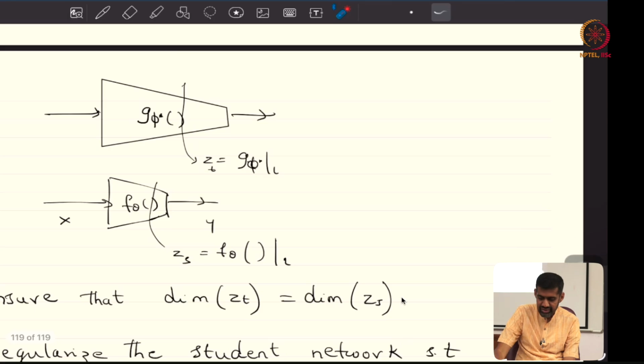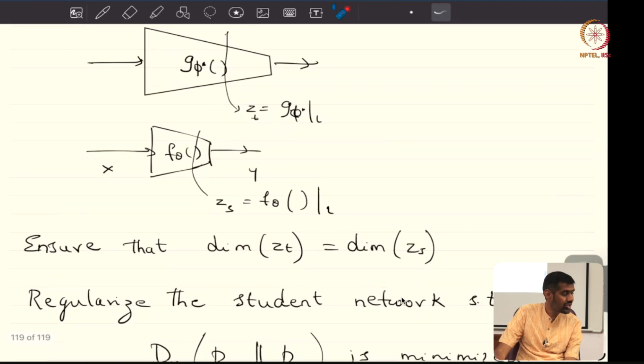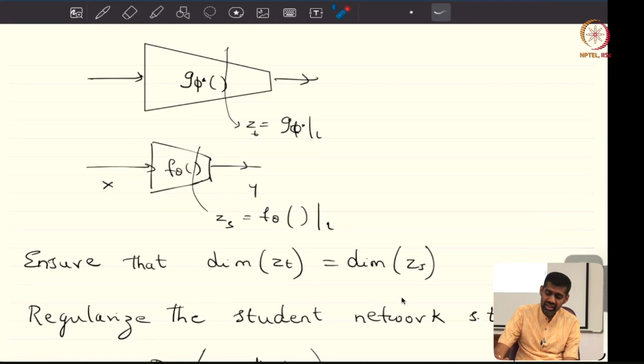Must both have the same task? That is also not necessary. You can train the teacher to estimate the marginal, and you can use the student to estimate the conditional as well. That is also a possibility.